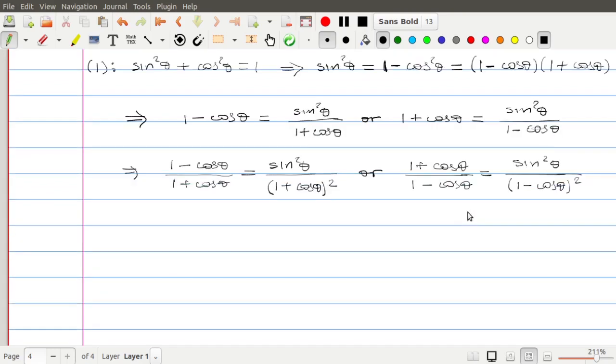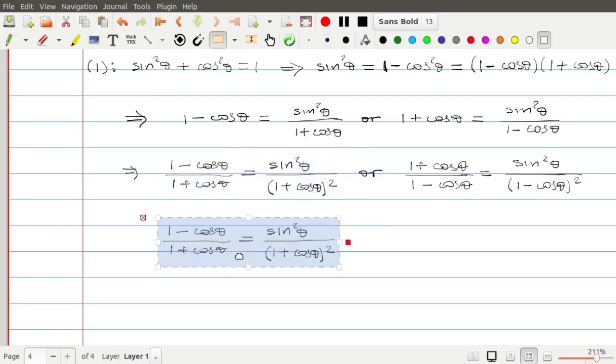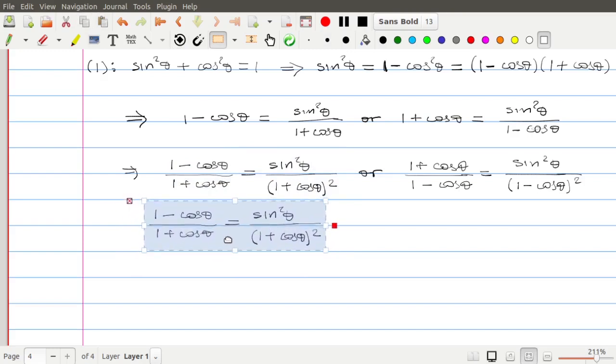So let me repeat this so that we can apply these two simultaneously.